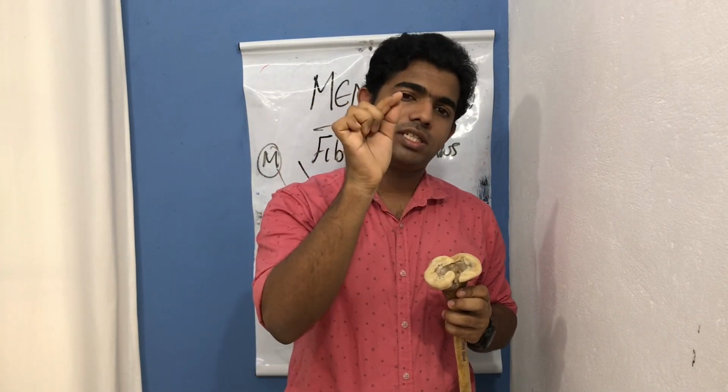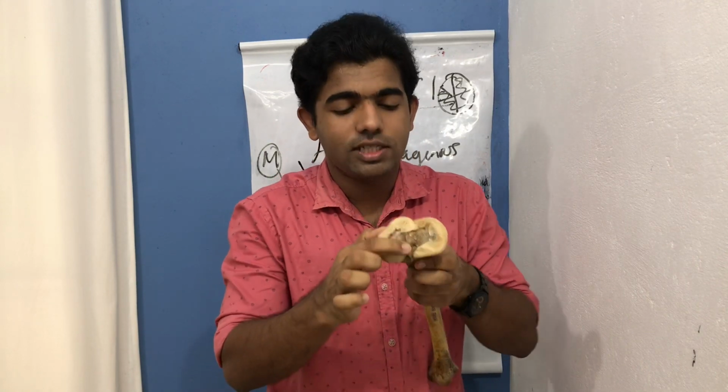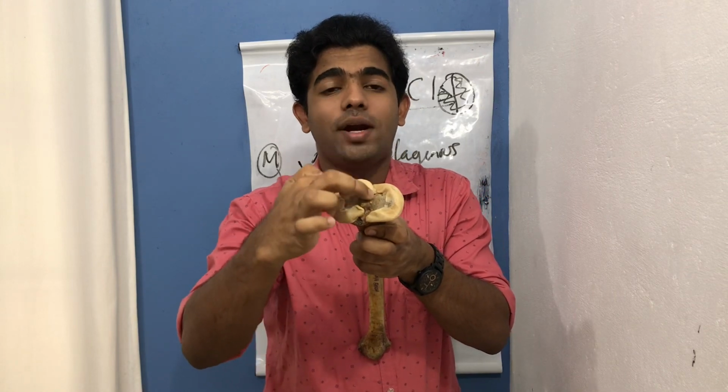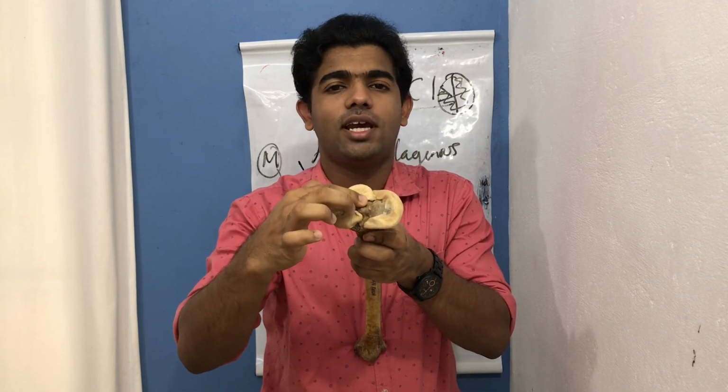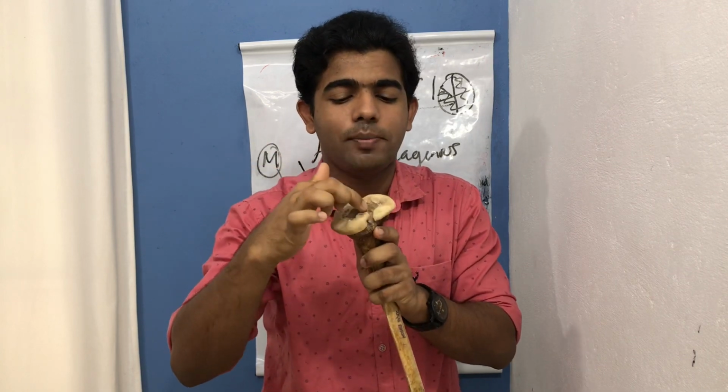So each meniscus has two horns or two ends: the anterior end is known as the anterior horn, and the posterior end is known as the posterior horn. Each of the menisci is open towards the intercondylar tubercle. In the intercondylar area there is no meniscus present.